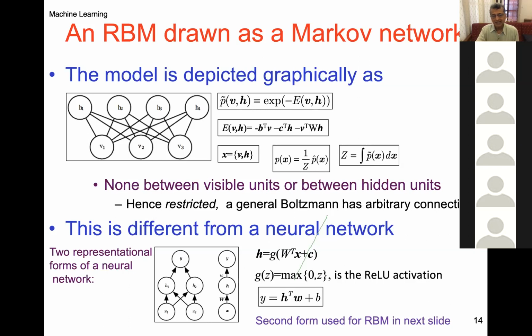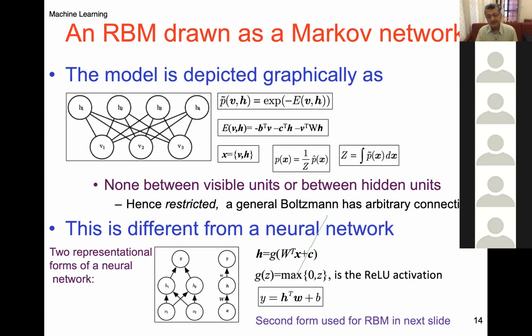So we have stated what this P tilde is. P tilde, where X is V comma H, is the exponential of minus the energy. So we know what Z is, and we know what, in this case, P tilde is. This should have been P tilde, not P hat here.